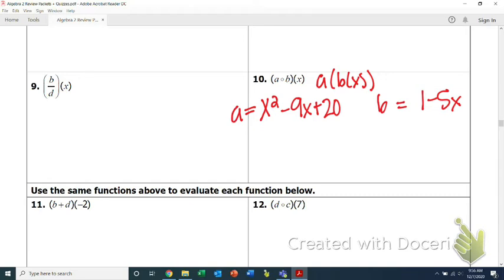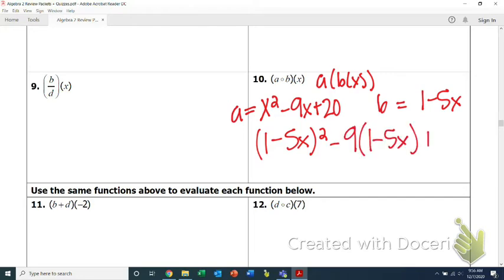We plug b into a. So (1 minus 5x) squared minus 9 times (1 minus 5x) plus 20. I've plugged b into the x of the a equation. Then all you do is you simplify.